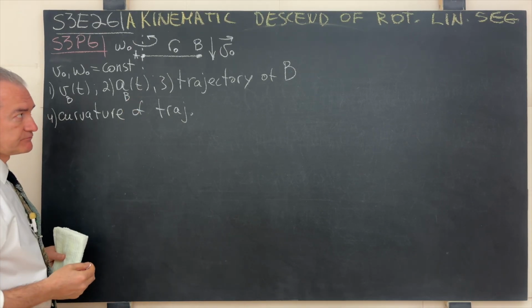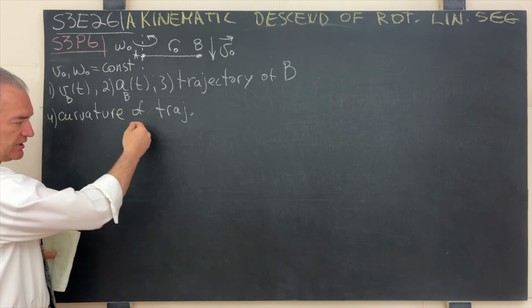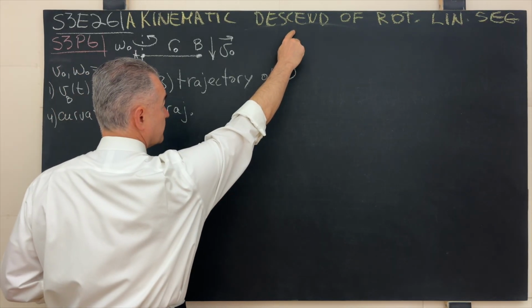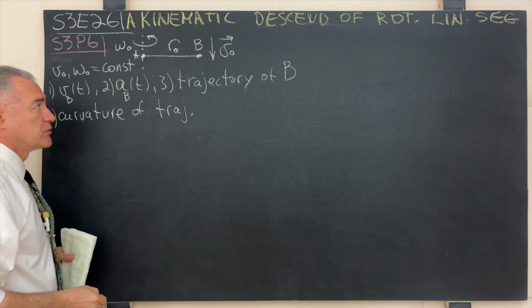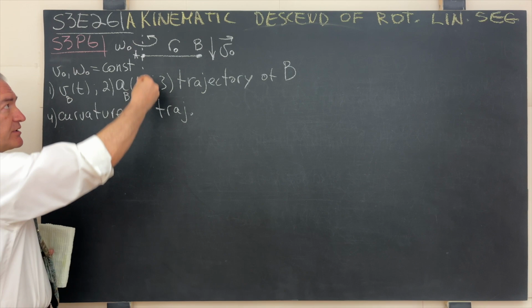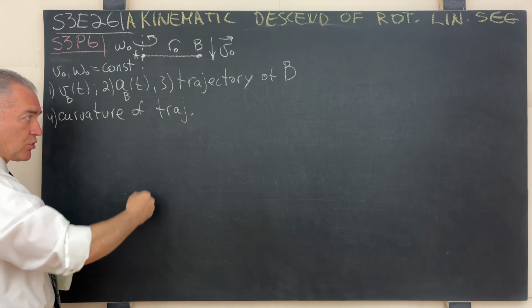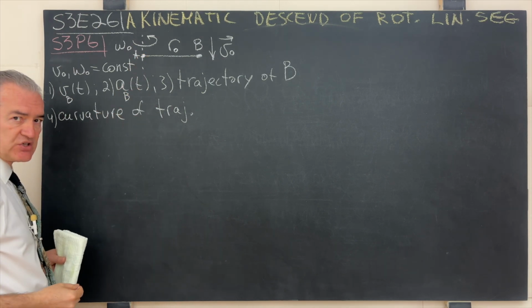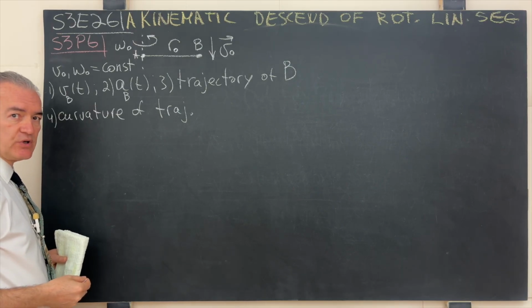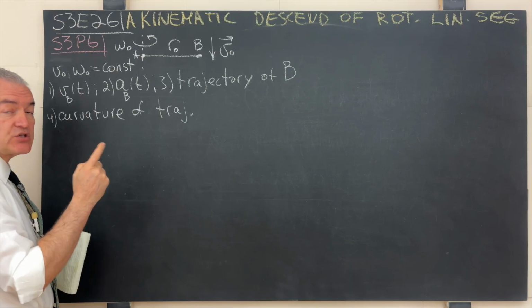But let's say our line segment is descending, as I declared in the title of this episode and in the problem statement. We now temporarily suspend the vertical translational motion of the line segment, and that means we will only consider the rotational motion.